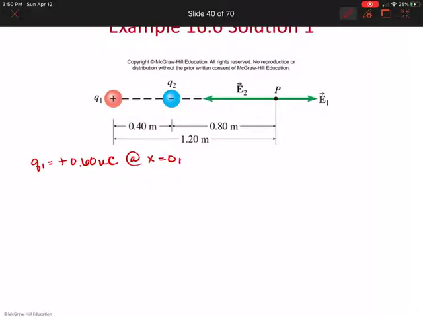At x equals 0 meters, Q2 is negative 0.5 microcoulombs, and that's at x equals 0.4 meters. And then that point right here is 1.2 meters away.